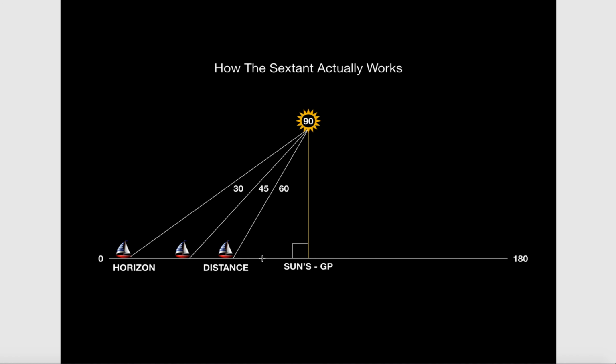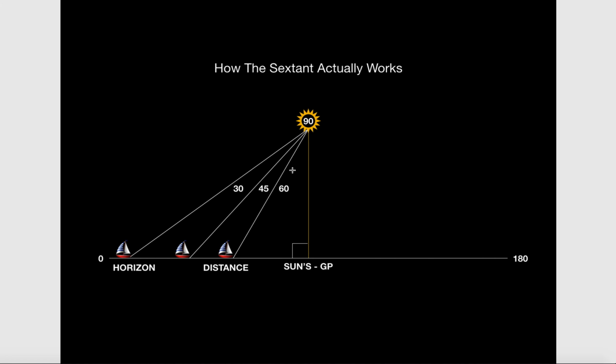This is a horizontal line, right? So they will use the horizon line right here, which for each of these boats in this direction would be the horizon line, and they will then use the horizon to make the angle, which would be 30, let's say 45 or 50, 60 degrees, and they will then refer to the nautical almanac.